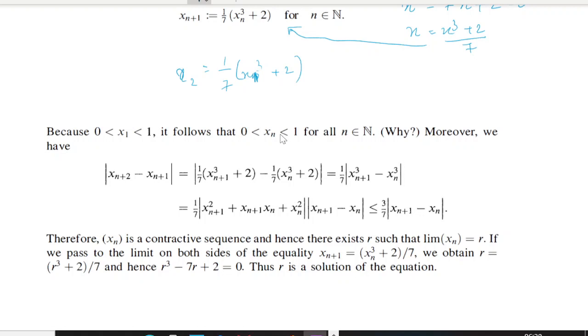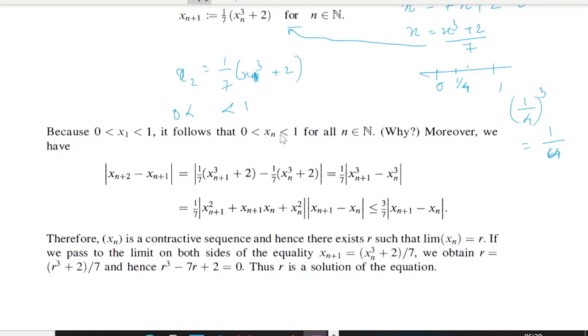So what about the x1³ value? I will take a value 1 by 4 here, lying between 0 and 1. When finding its cube, I will get (1/4)³, that is 1 by 64. Again less than 1 by 4, right? So this value is again less than 1, and it is always greater than 0 also. So like this, all our x_n values will lie between 0 and 1.